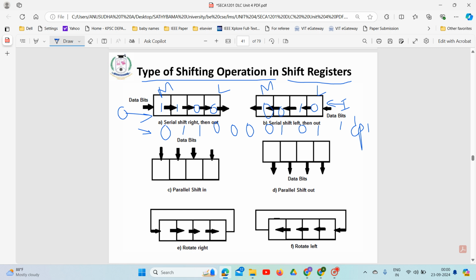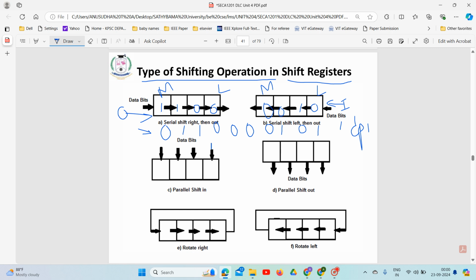This is parallel in. If you want to transfer the data at a time, we have to go for parallel. This is a 4-bit shift register, and we are using 4 flip-flops.